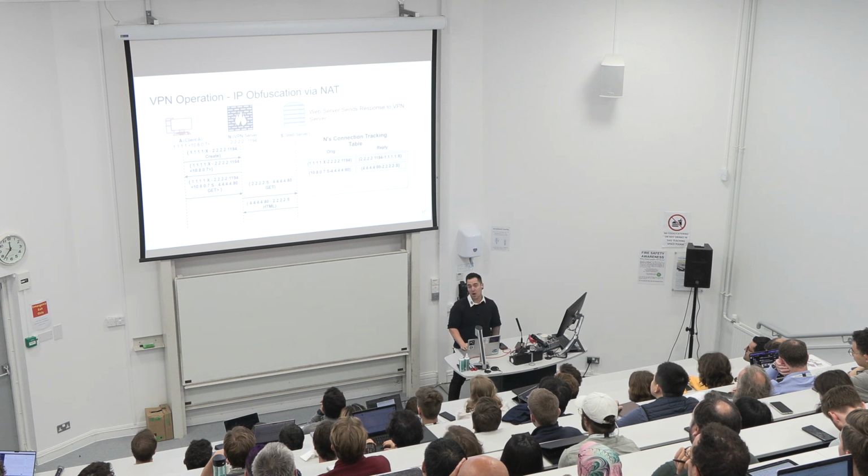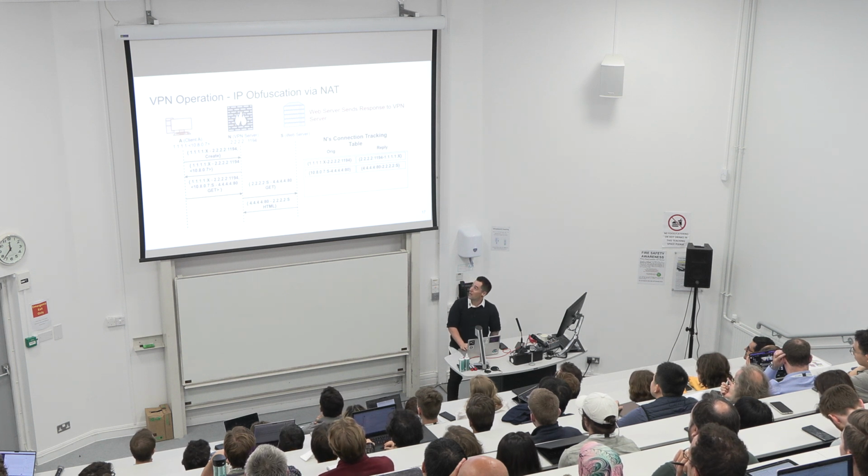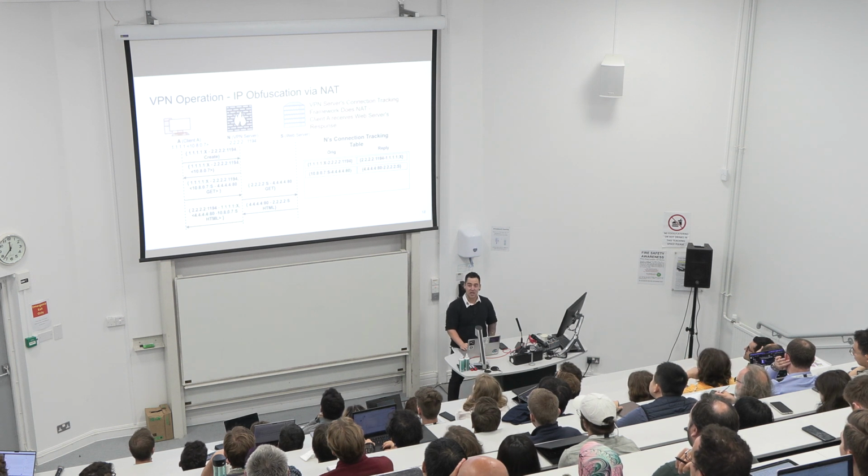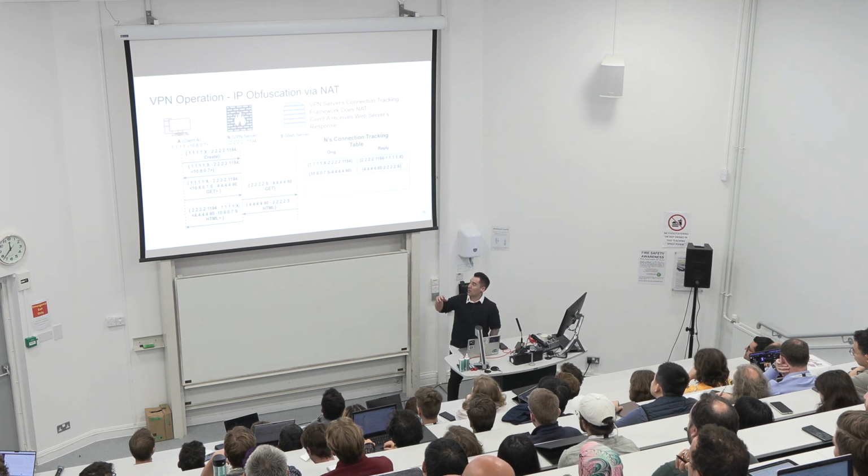That's basically how the VPN uses the connection tracking framework's network address translation capabilities to implement IP obfuscation. And so the web server is going to send a packet back to the VPN server. The VPN server's connection tracking framework is going to intercept the packet, and then make sure that it gets routed basically back to the client who connected to the VPN server.